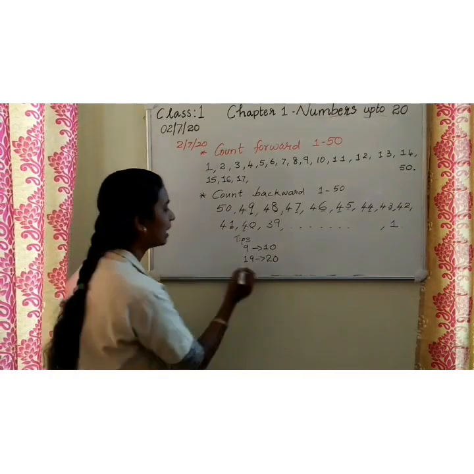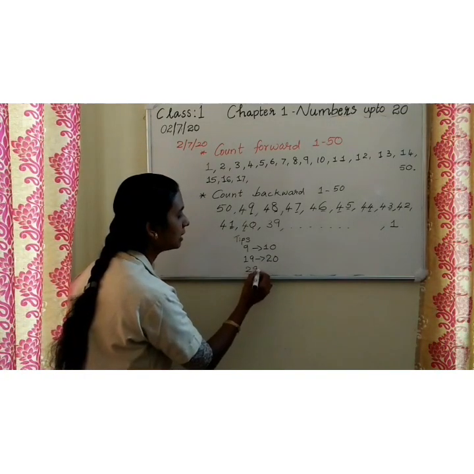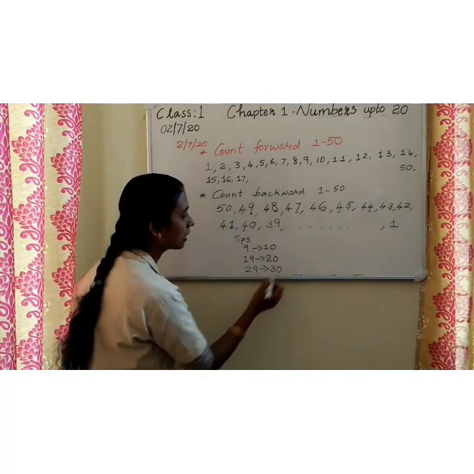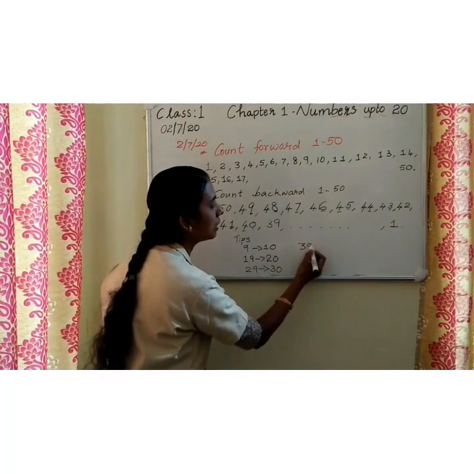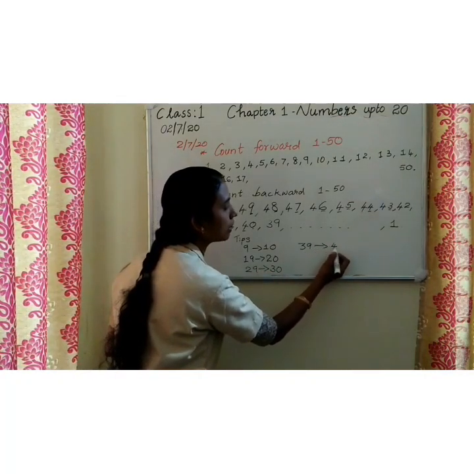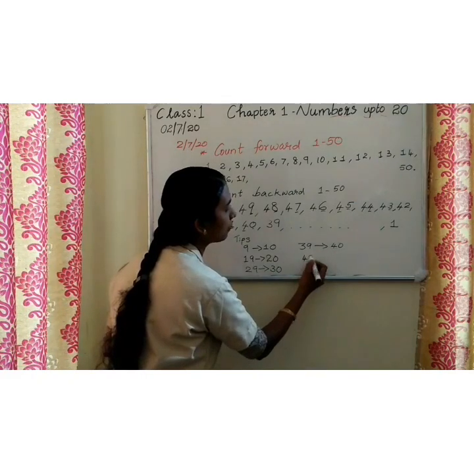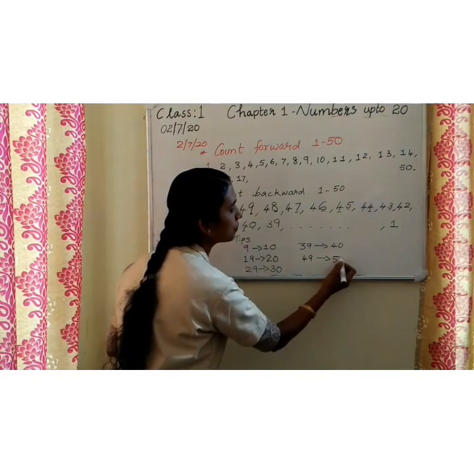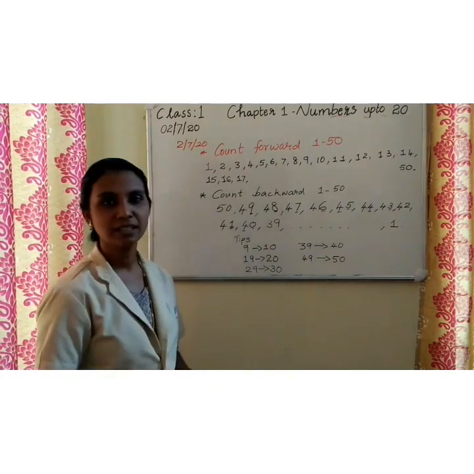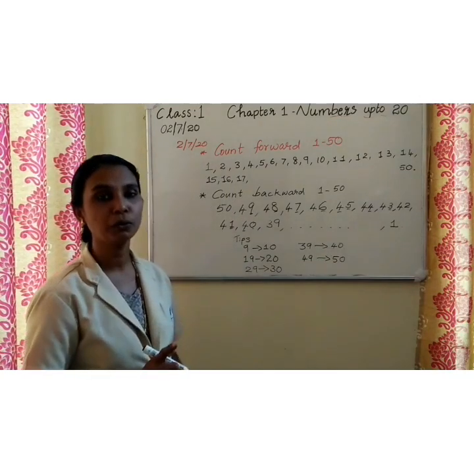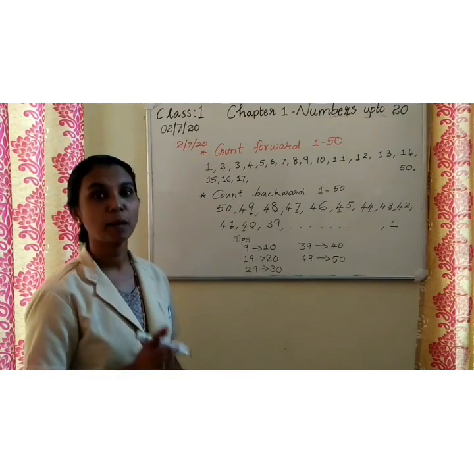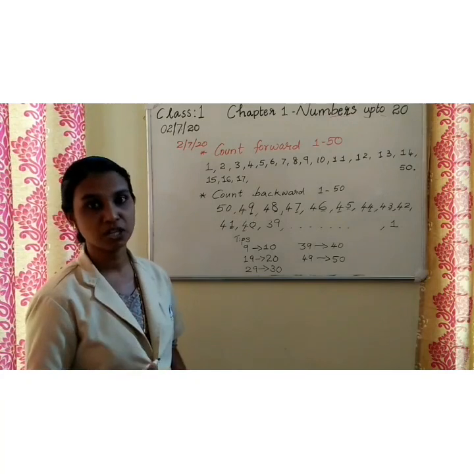Get it? The number after 29 is 30. The number after 39 is 40. The number after 49 is 50. Get it? This is an easy tip for you to study the number before and number after.